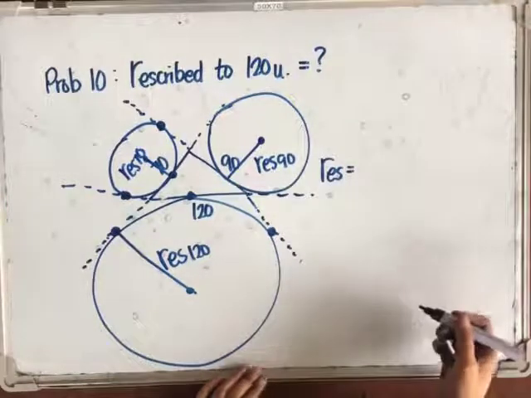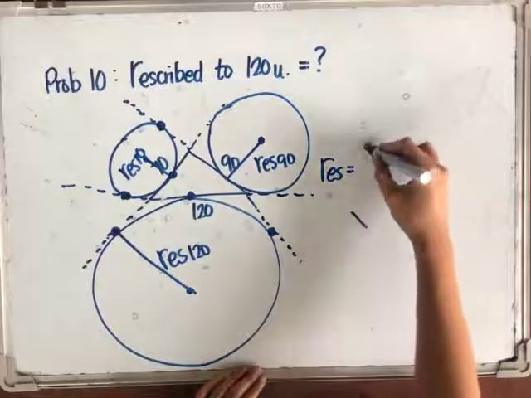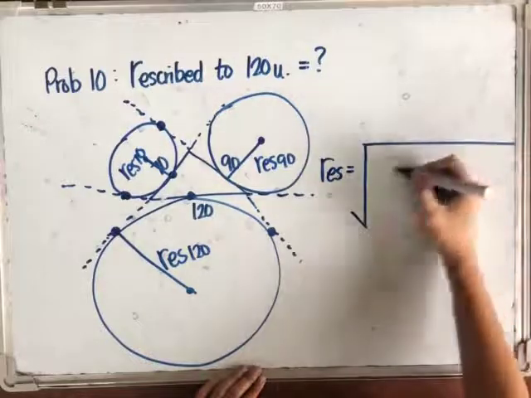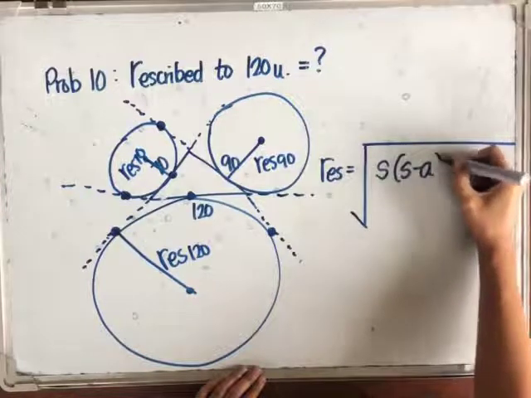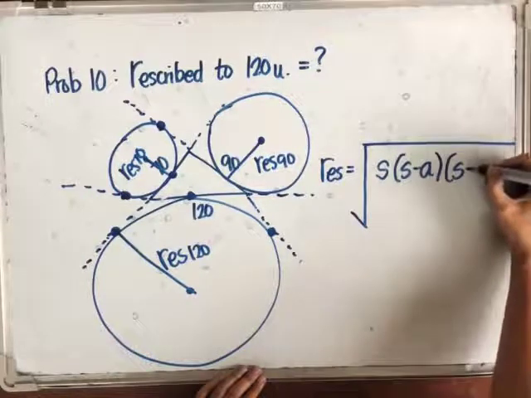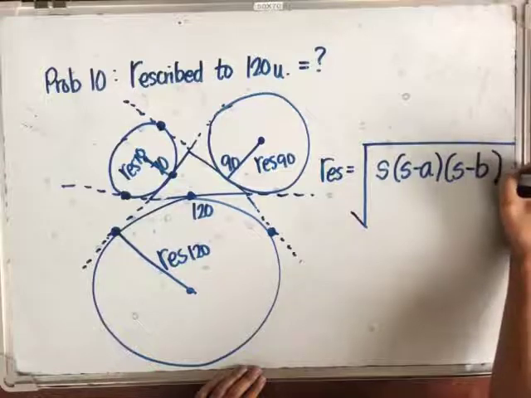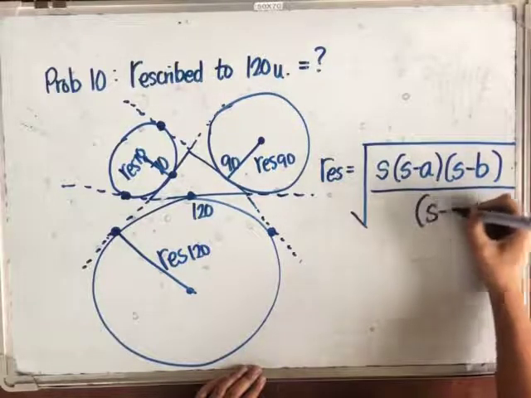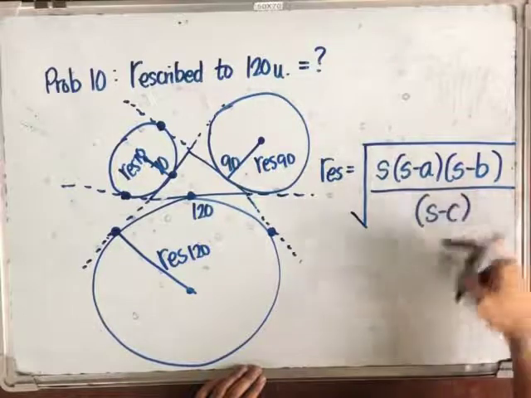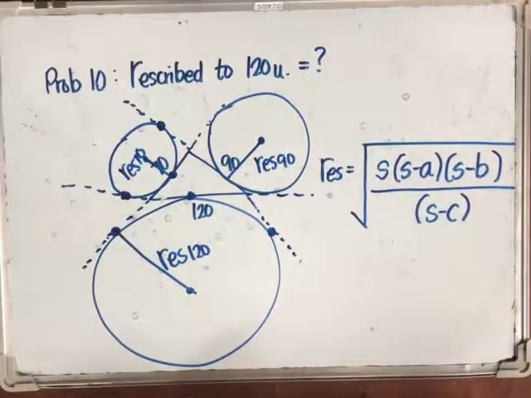We have here the square root. Ano nga si Heron's formula natin? S minus A, S minus B. Tapos meron siyang denominator ngayon, S minus C. Ganyan ang magiging itsura niya.